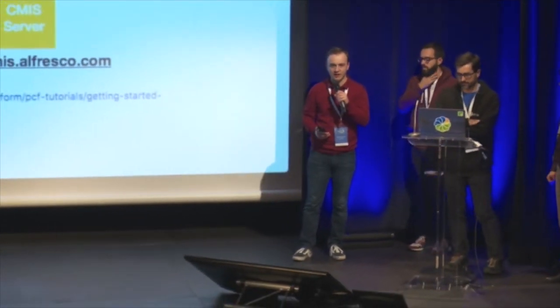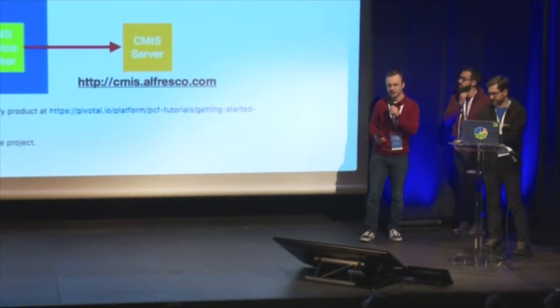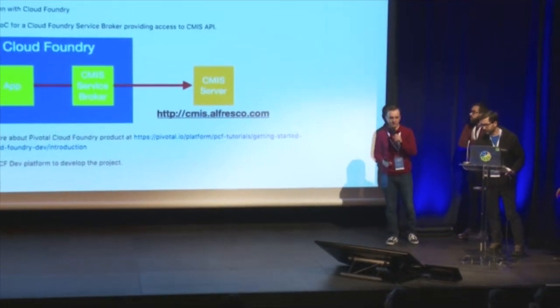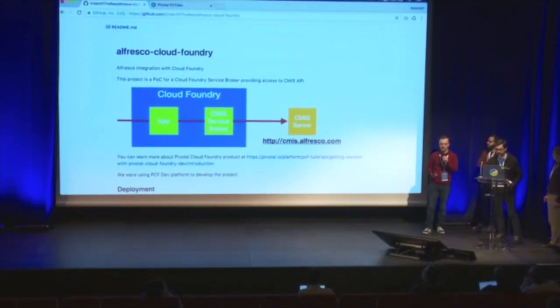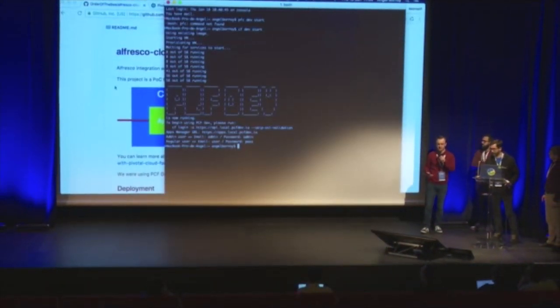The goal for the day was to expose the Alfresco repository, its CMIS interface, into Cloud Foundry. Cloud Foundry is an open source platform as a service, and you can deploy applications really simply into it. It takes all the infrastructure pain out of the way. But applications need to be able to bind to services like a database or a message queue.